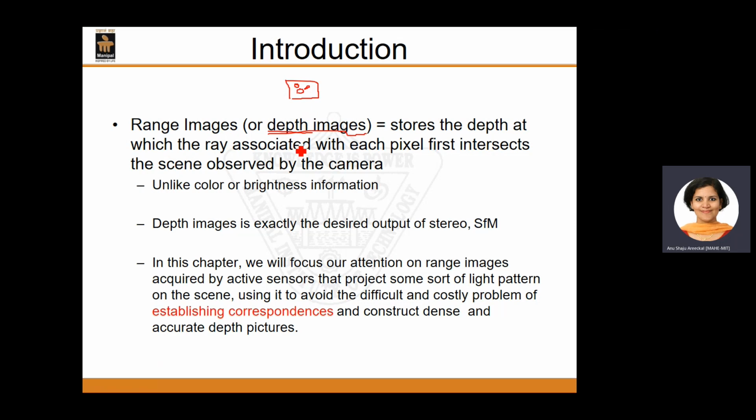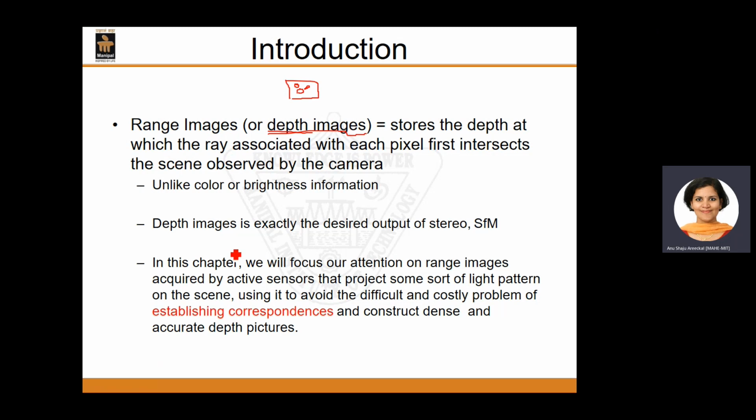Such information becomes useful when you're working with video sequences where you need motion information, or with tracking applications, or any applications which require 3D reconstruction. We require this depth information, and in such applications range images would help.